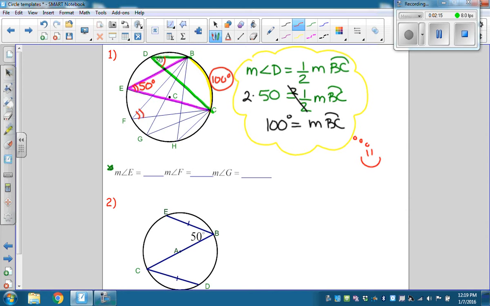So are F and G and H, because if you take a look at H, H is this inscribed angle, and it still intercepts the same arc. So all of these are 50 degrees, because all of them intercept the same arc.